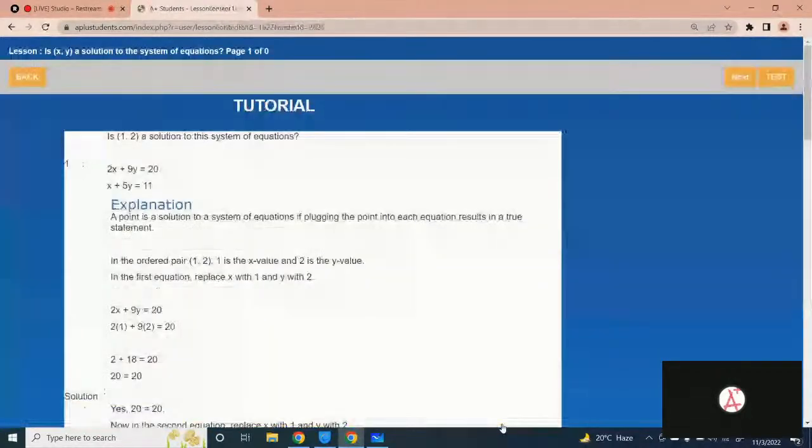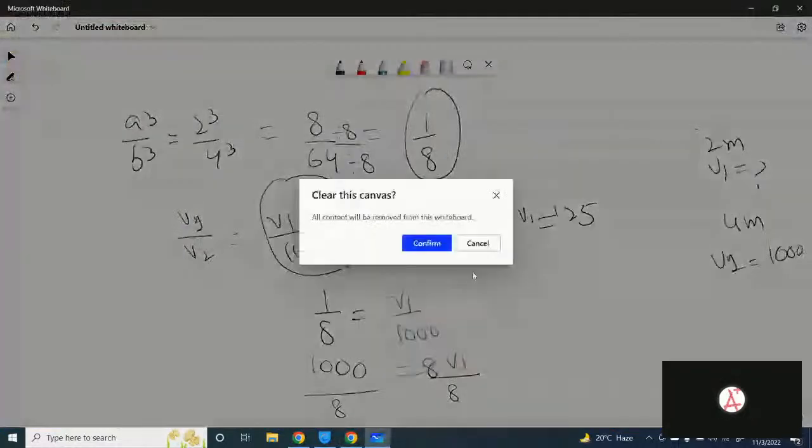Let me write down the topic name on the board, and then we'll start with an example. The topic name is: is (x, y) a solution to the system of equations?